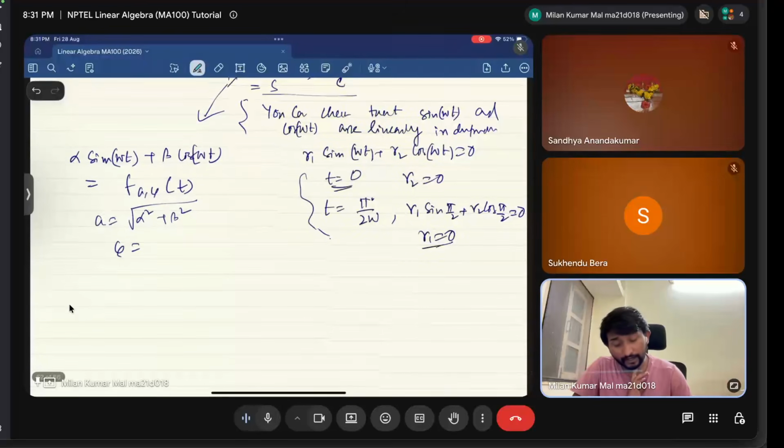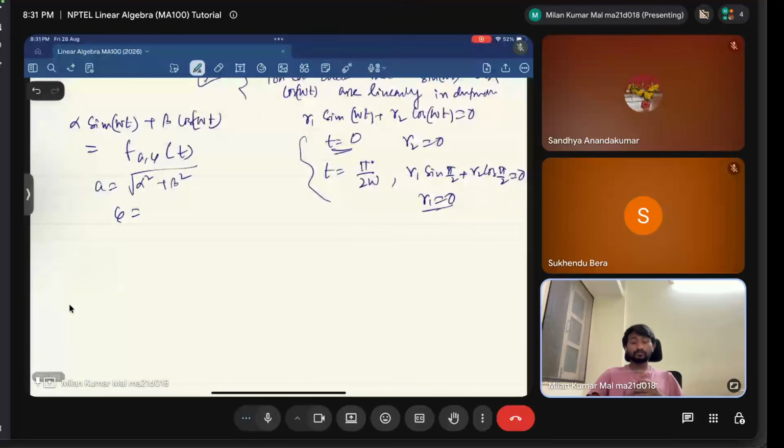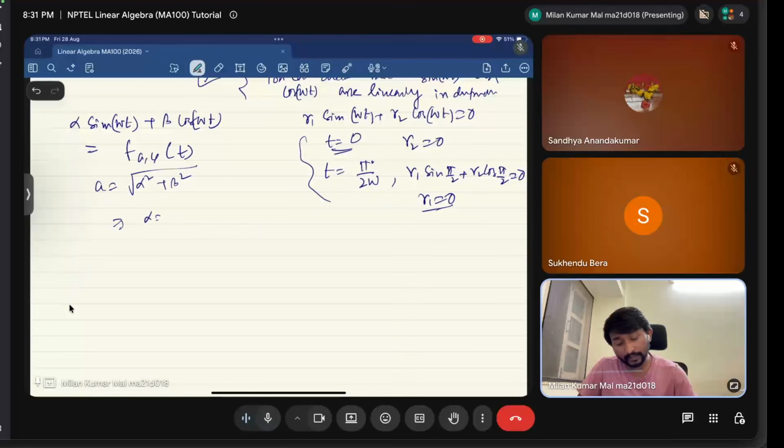Let me write, if alpha is equal to this, then alpha by a square plus beta by a square equals 1.